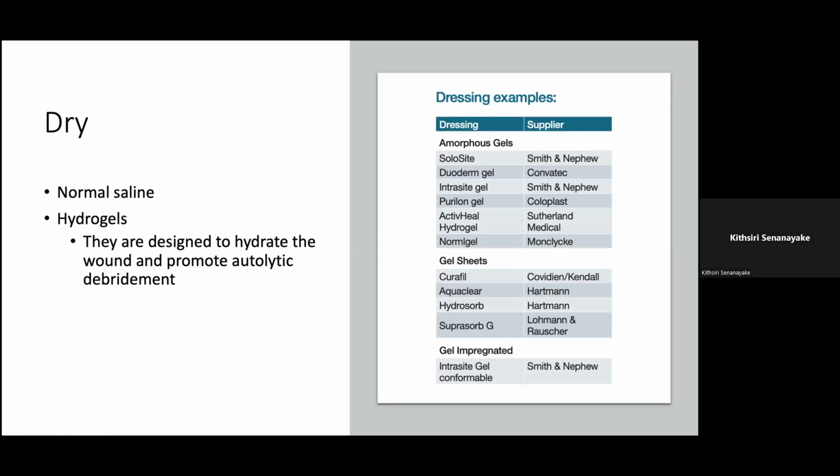The common products, I think, which you all use in Sri Lanka are probably Intrasite gel, and Purilon is also commonly available. And also there are antibiotic mixed gels such as Metrogel. Those can be used for dry wounds.